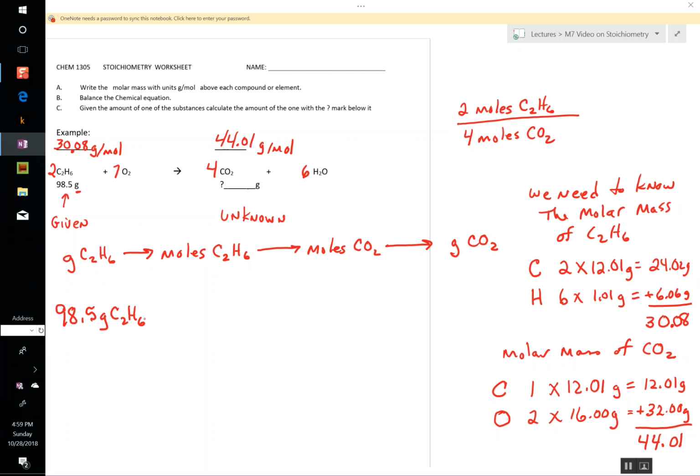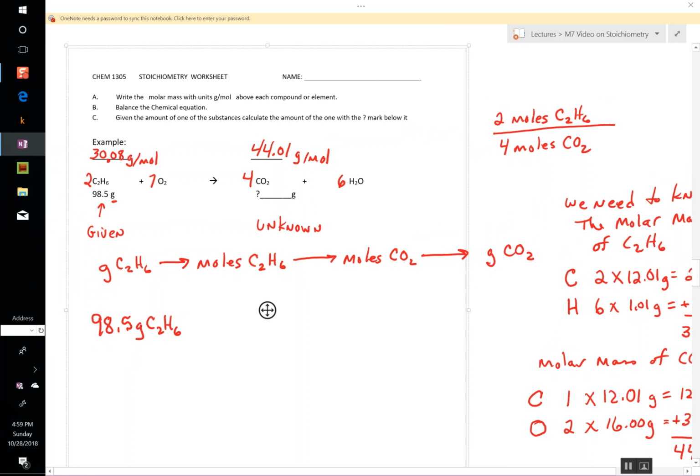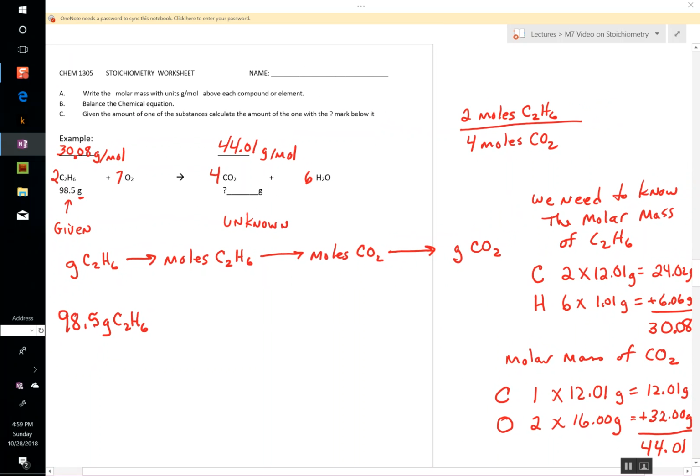I write down it's 98.5 grams and what that is, grams of C2H6. Now I want to convert grams of C2H6 into moles. So that's where we're going. That's the path we're going on. Here's where we're headed right here.